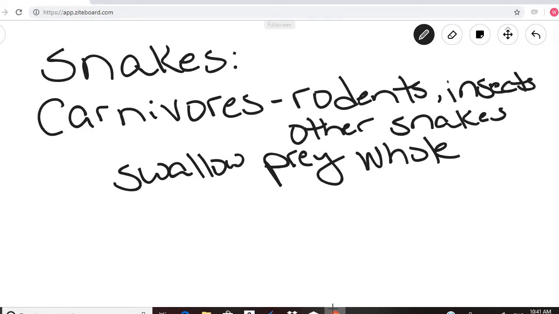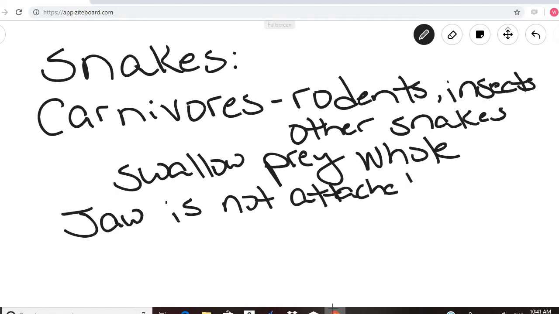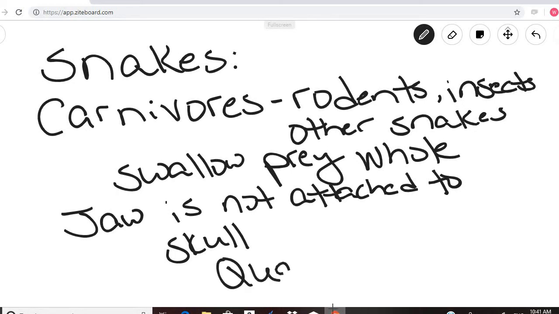Their jaw is not attached to their skull. They have a special bone called the quadrate bone that allows them to open their mouth very wide, and therefore they're able to get very large things into their body, and they will swallow them whole.